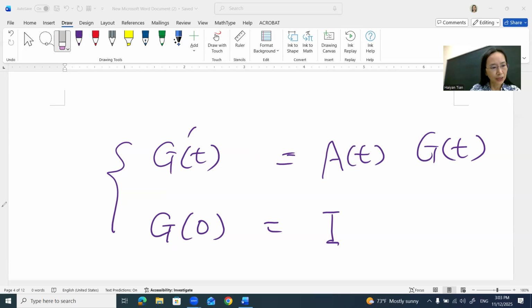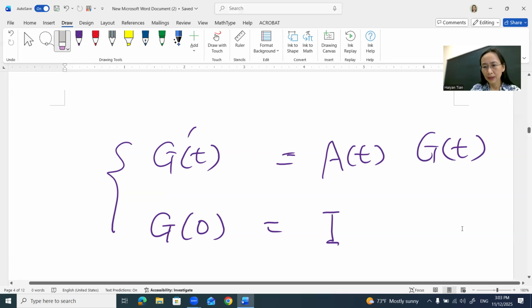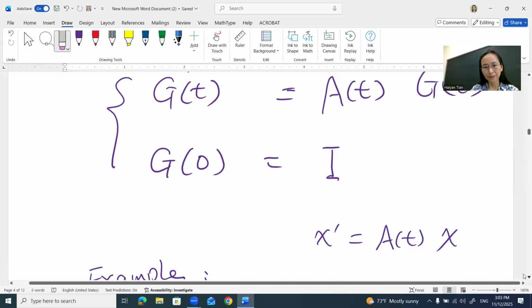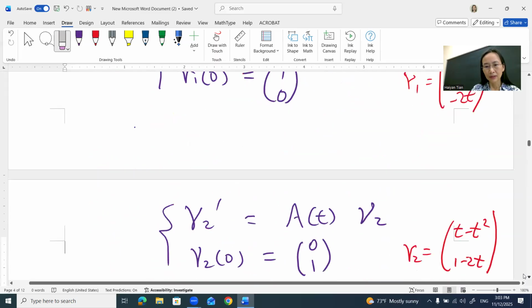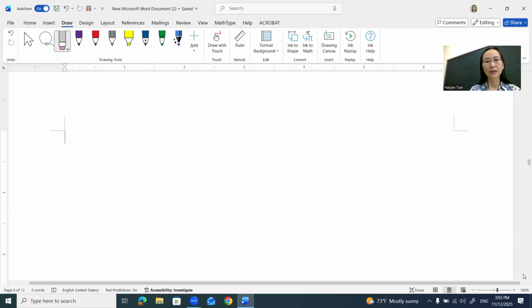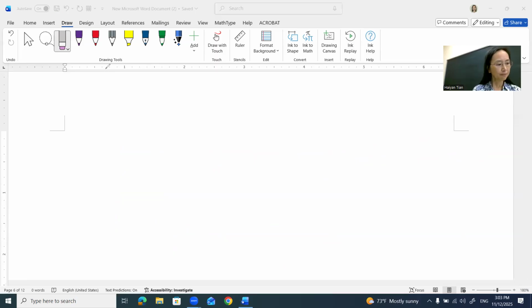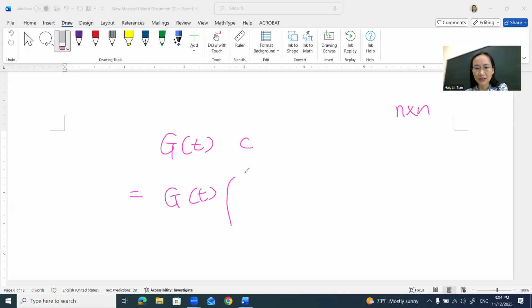And then if we just write G times a constant. What it means is that, suppose G is an n by n matrix, then the C cannot be just a constant number value.